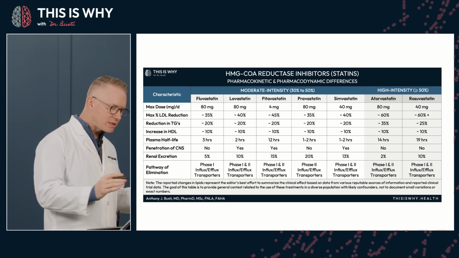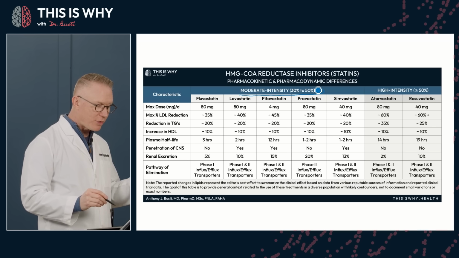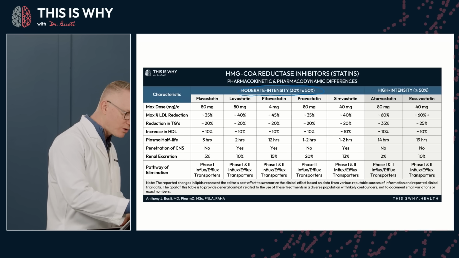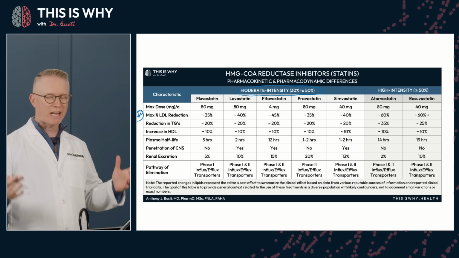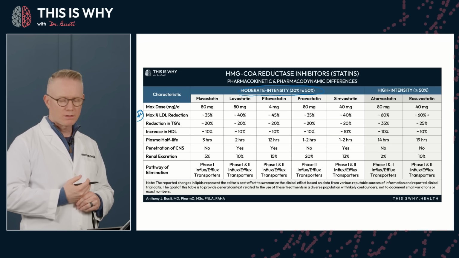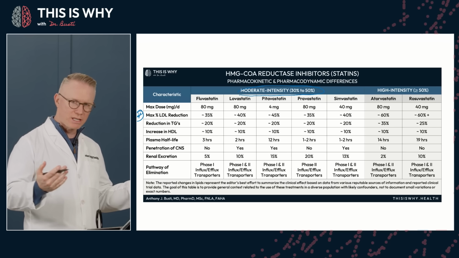And so this table is organized by, you see up here in the middle, the majority of them make up moderate intensity. And that 30 to 50% is referring to the maximum LDL reductions that you'll see with standard appropriate doses. So they're more of that moderate intensity, moderate potency statin.